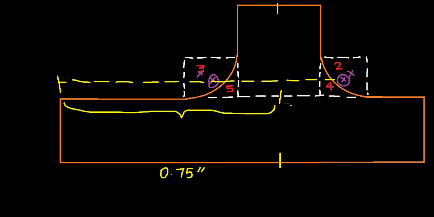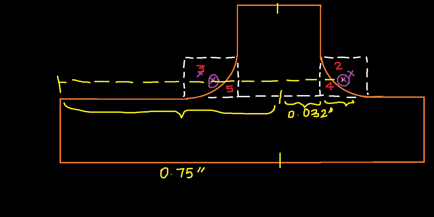Now what else is missing? We're missing this and this. Well, this one, as we already figured out earlier, is just 0.064 divided by 2, which is 0.032 inches. And this one, we already know that its length is 1 by 8.